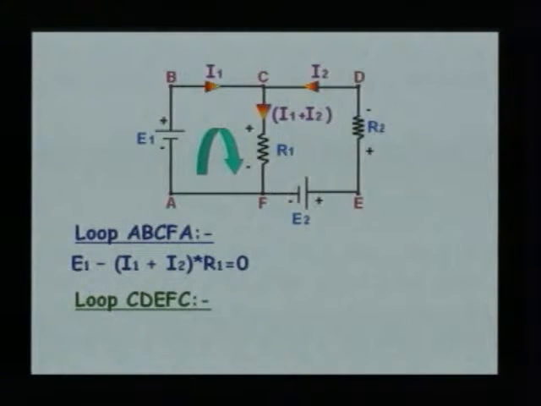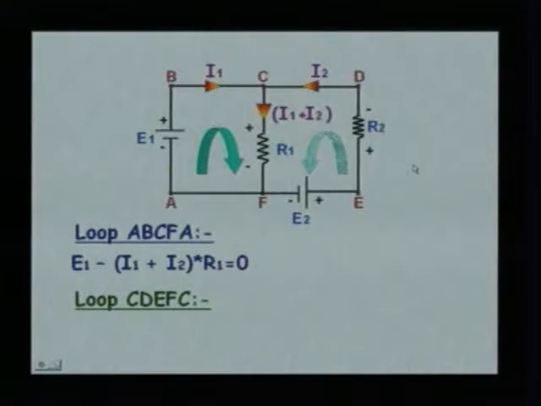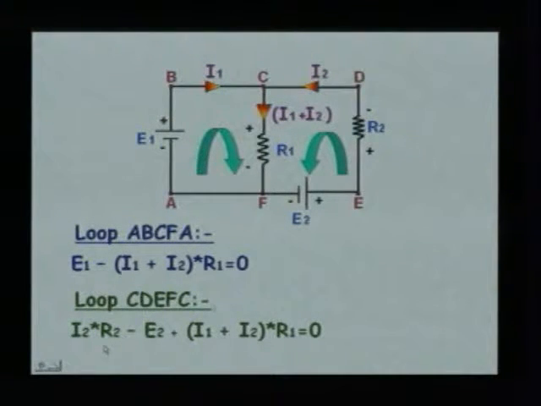Let us look at the loop CDEFC. C to D we have got no component. From D to E we have got R2, that is, we are moving from minus to positive, which is a rise in potential. So, we have got I2 R2.